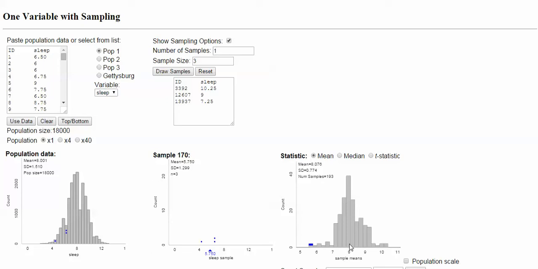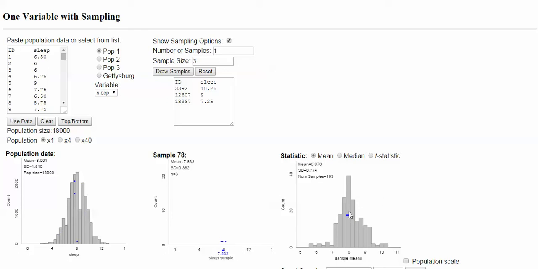And if we clicked, this is 8 right here. So if we kept moving up this bar above 8, we would just start seeing more and more samples that all had a mean of 8 hours of sleep. So this group of people had a mean of 8.08. Let's go up. That group of 3 people had a mean of 7.9. That group of 3 people had a mean of 7.8.